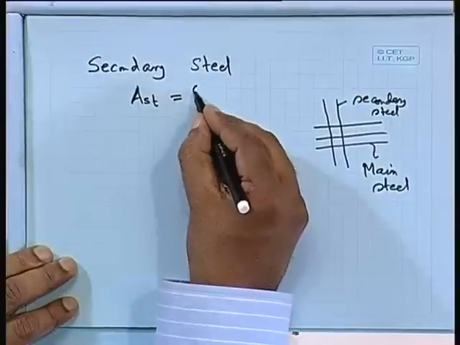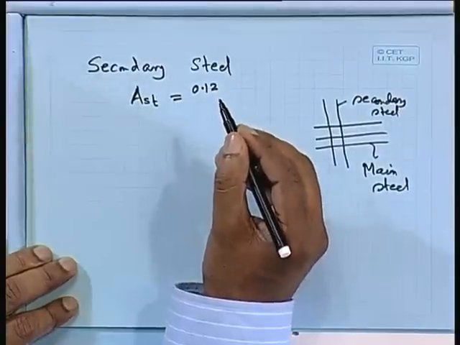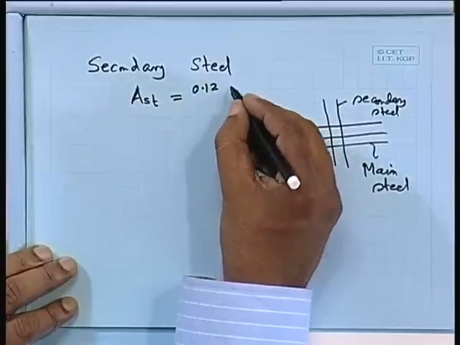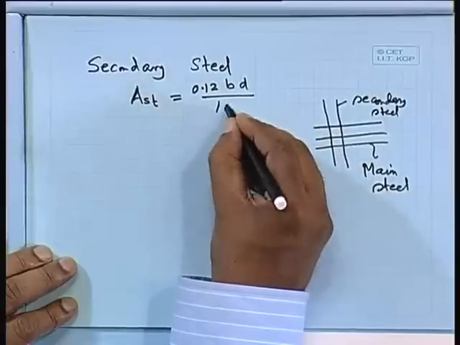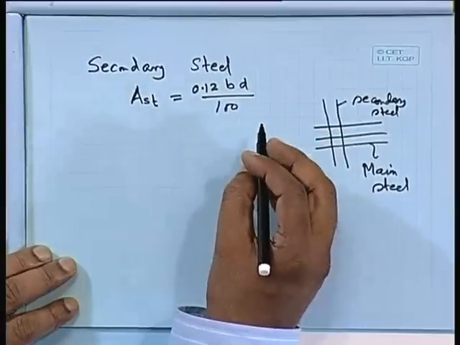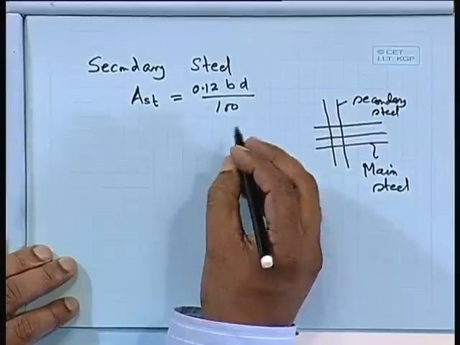So, AST will be equal to 0.12 percent, that is the minimum you have to provide, times BD. For mild steel it is 0.15, for high strength steel it is 0.12.